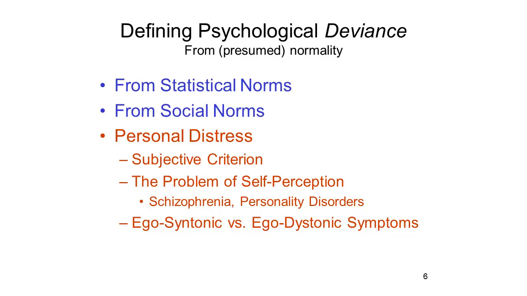They may bother other people and lead other people to wish that the patient would seek help, but from the point of view of the patient him or herself, they're not an issue. They're not a problem. They're just the way he or she is, the way things are. Even when people's self-perceptions are accurate, though, we would not want to substitute self-diagnosis for an objective assessment by a trained professional. We don't let patients self-diagnose cancer and heart disease. Why would we allow them to self-diagnose depression and anxiety disorder?